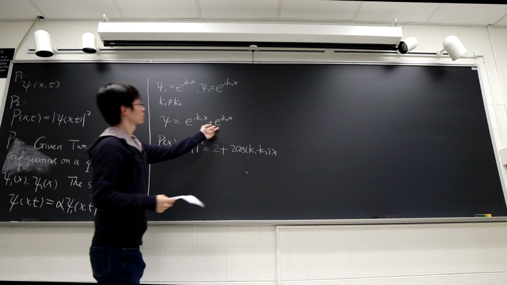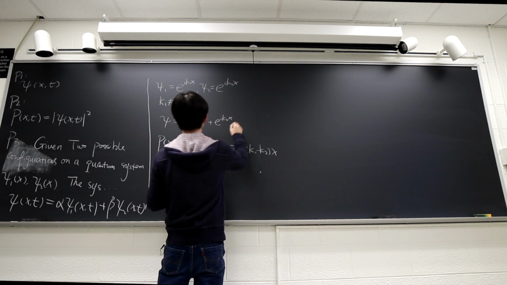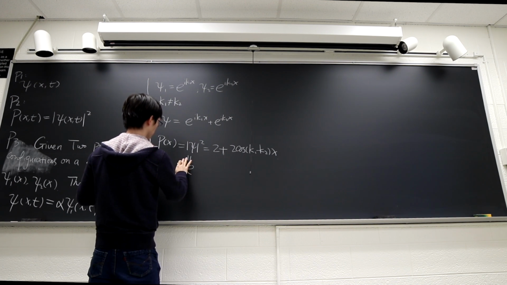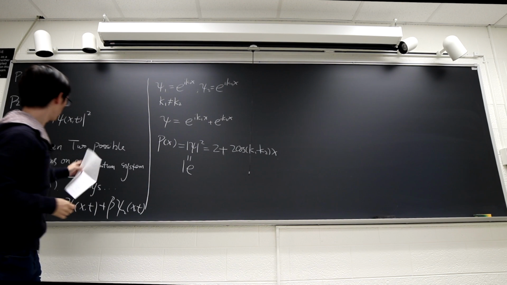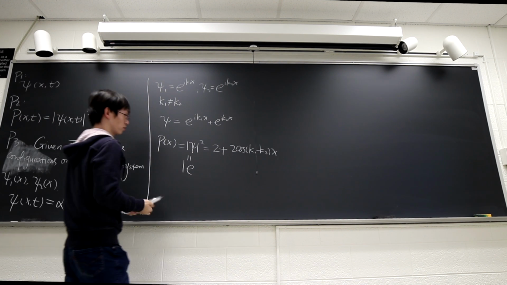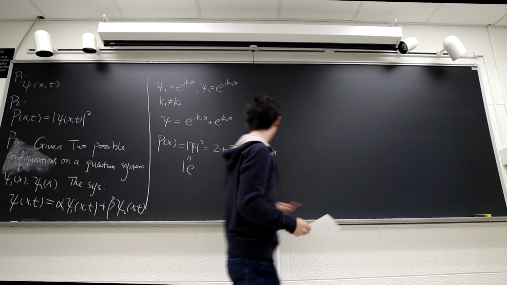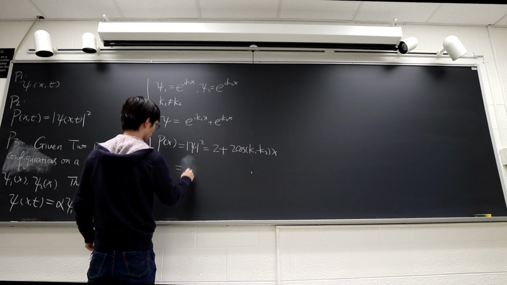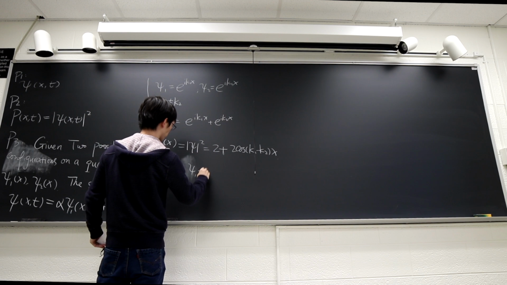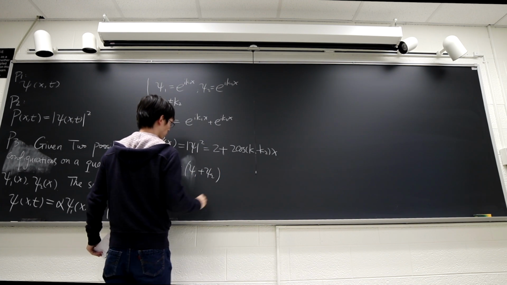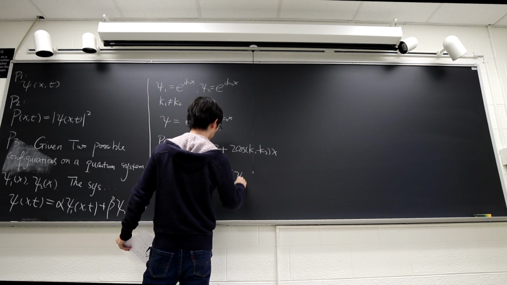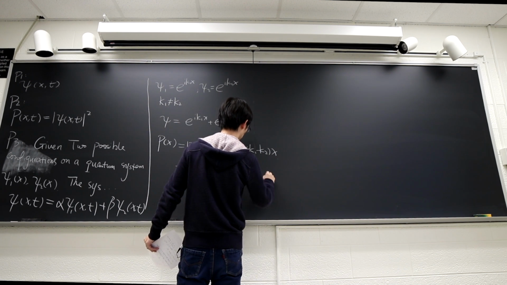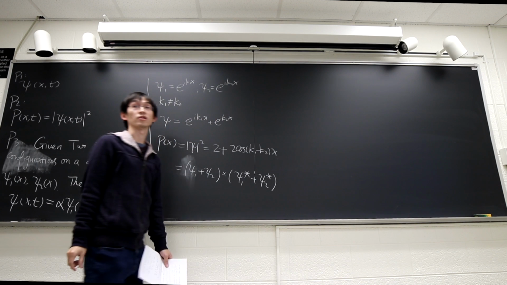So what happens is that when you take the amplitude and square it, you're typically doing psi 1 plus psi 2 times psi 1 complex conjugate plus psi 2 complex conjugate.